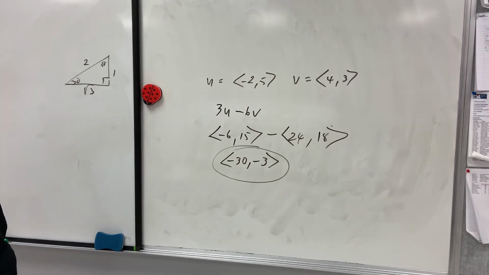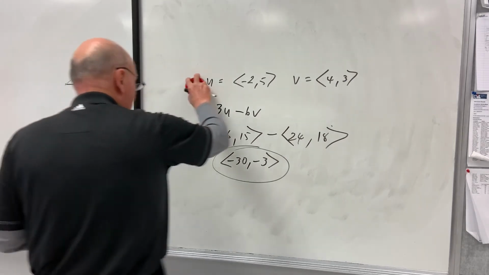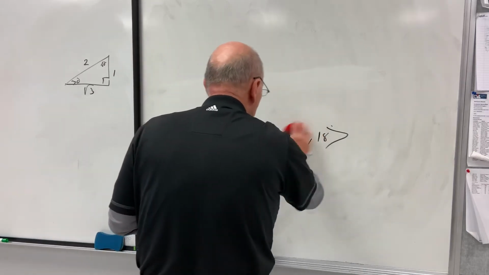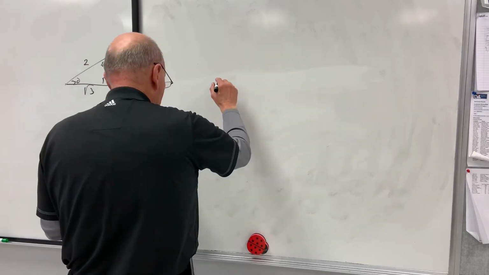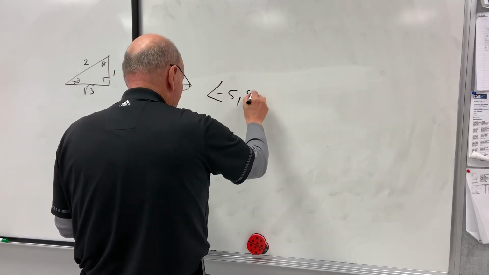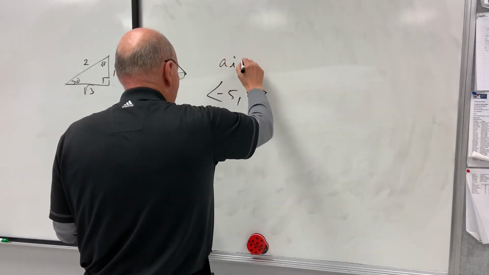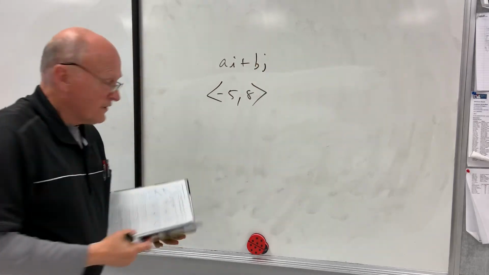Okay, looking down at 67. Again, these problems we talked about a little bit earlier in the section, but we'll go ahead and work one of them anyway. It has the vector -5, 8, and they ask us to write this in ai plus bj form.